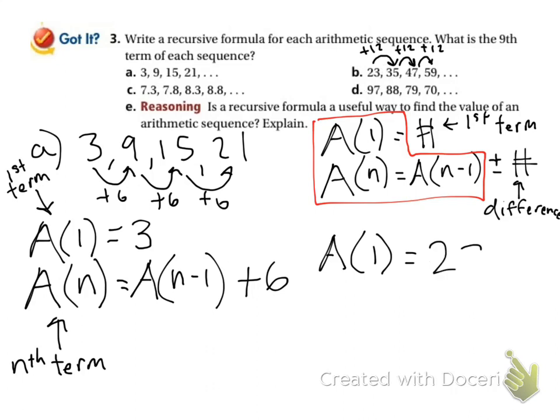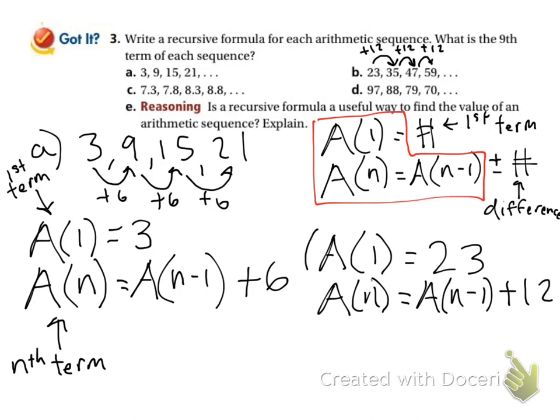The first number listed is 23. And then I'll have A of n equals A of n minus 1. And then my difference was adding 12 each time, so plus 12. And that right there would be my recursive formula. That's all I have to do. Just find it. You don't have to solve it. You don't have to move things. That would be my answer.